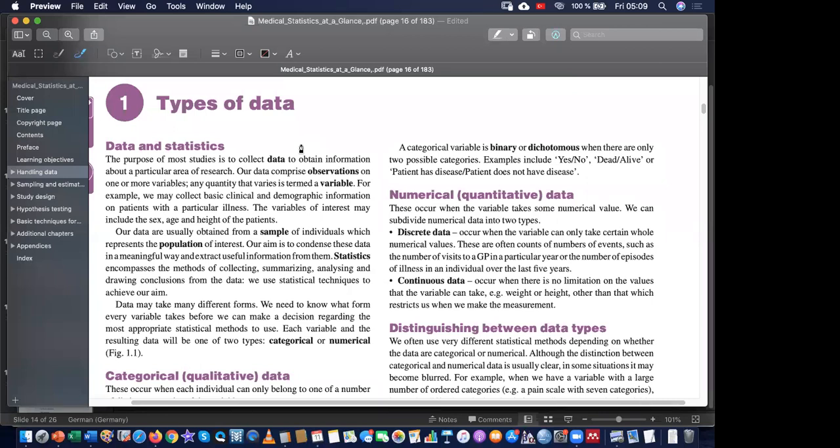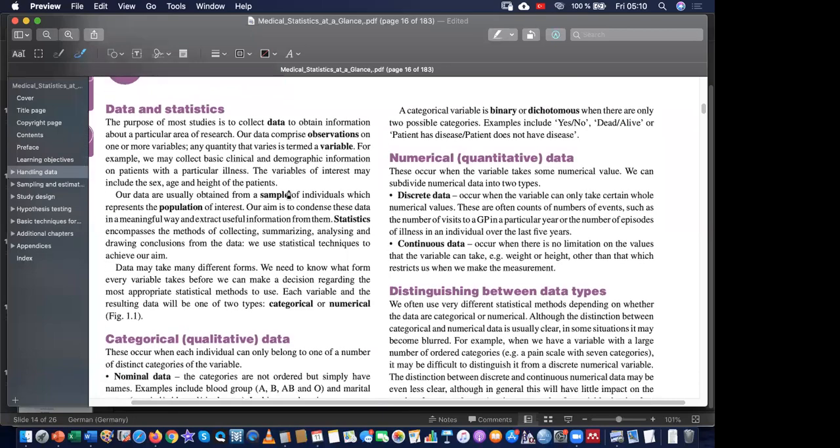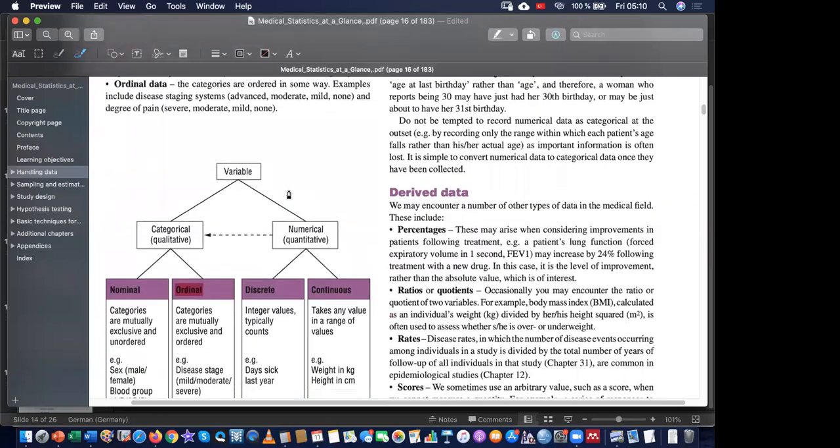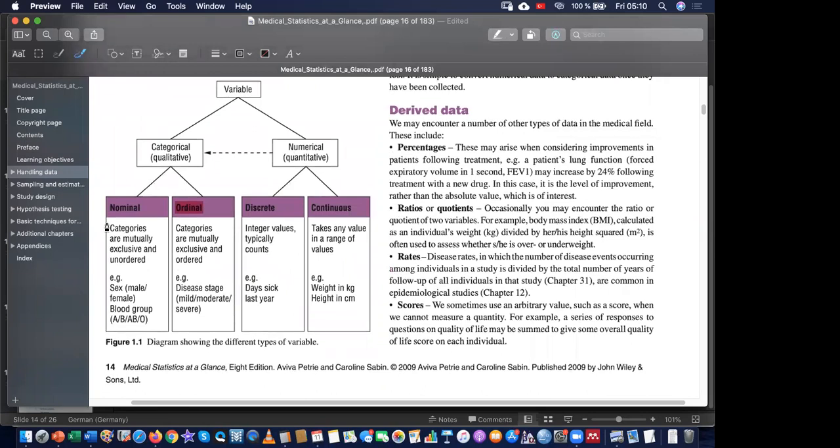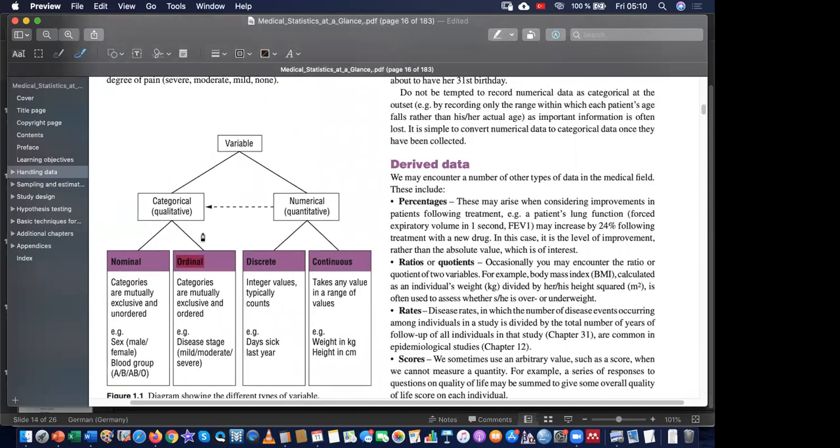So today we have types of data, and the next session we will go on with data entering into the computer. There are 4 types of data: nominal, ordinal, discrete, and continuous. These are the classical types of data. These data types are categories of categorical and numerical data.